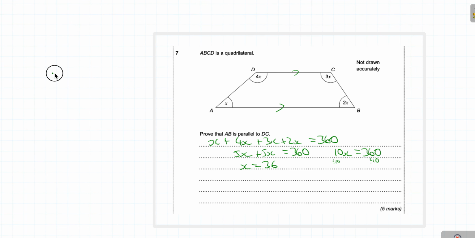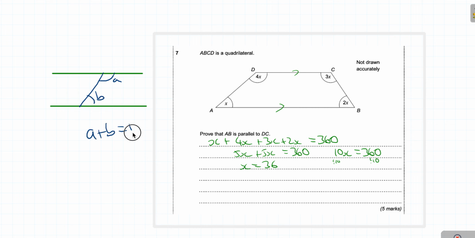So for example, the main rule that I think I'm going to use here is the allied angles rule, which is that if we've got A and B here, A plus B is equal to 180 degrees.